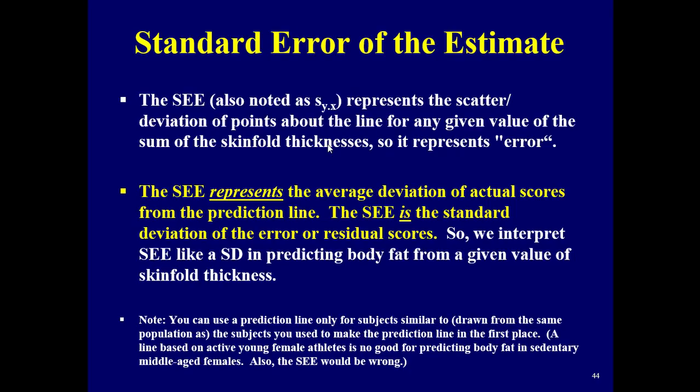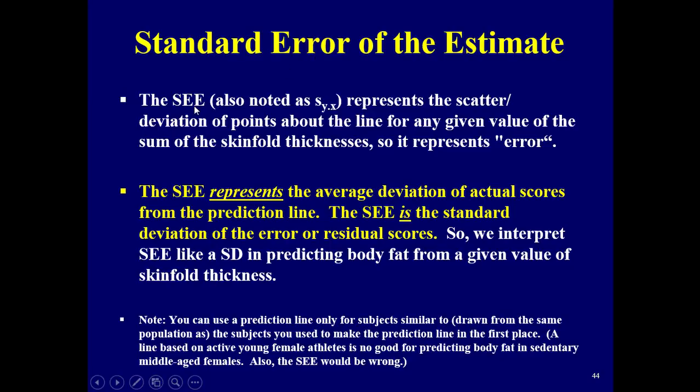So let's review now what is called the standard error of the estimate. In your handout packet, you see that it can be symbolized as S sub y dot x. Just different textbooks are going to use different terminology for this. And what I want you to recognize, first of all, is that the standard error of the estimate is error.